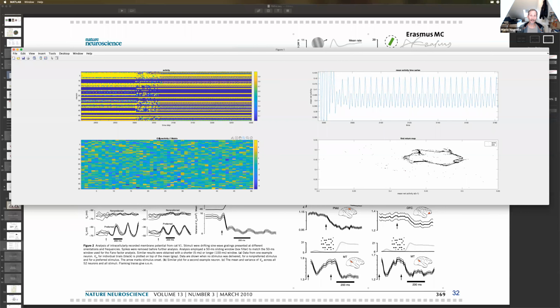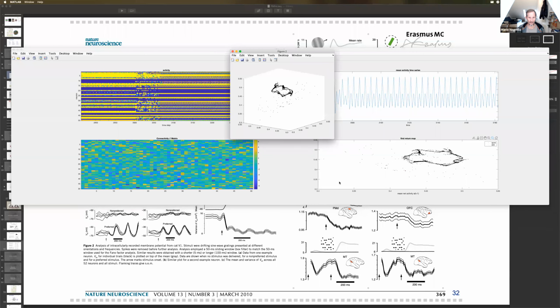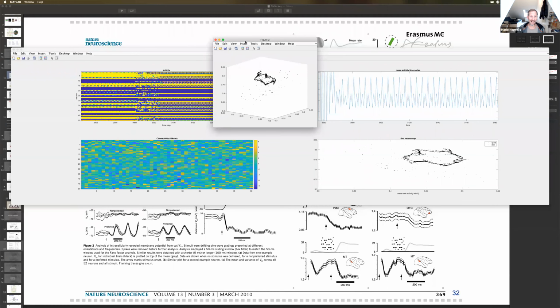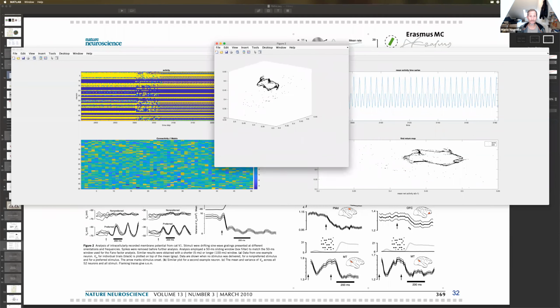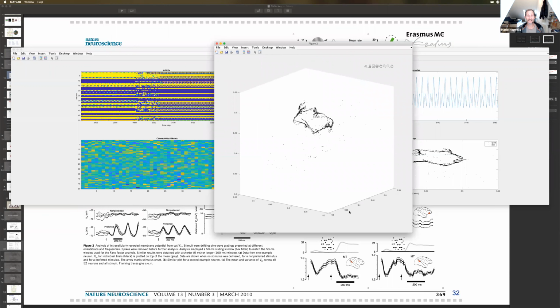And on the bottom left, you have the connectivity matrix, which is random. And here I have a second return map. That's why it looks 3D. The second return map is t against t plus 1 against t plus 2. So every point here includes 3 moments in time.